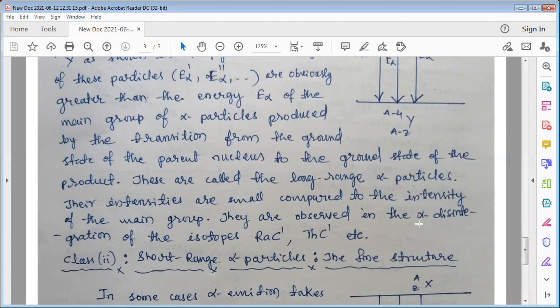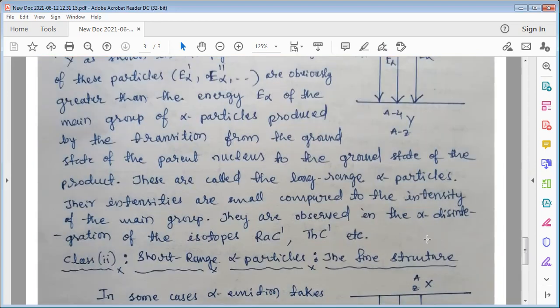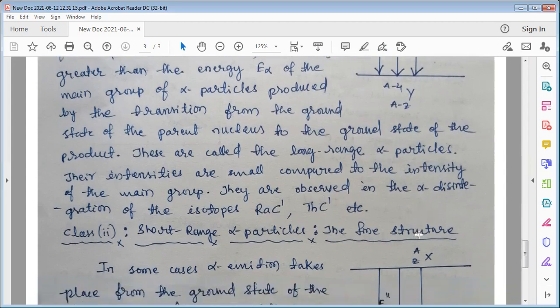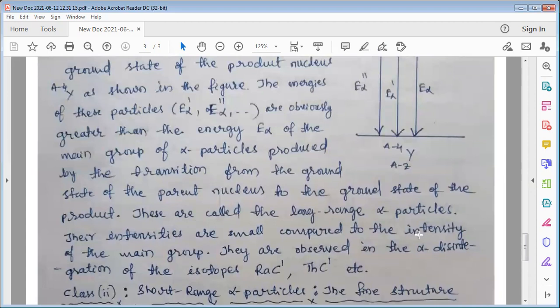They are observed in the alpha disintegration of the isotopes of radium, clubbed with C dash, and thorium C compound. And in this kind of compounds, there is an emission of alpha particles, or alpha disintegration will be there. So this is about long range alpha particles.